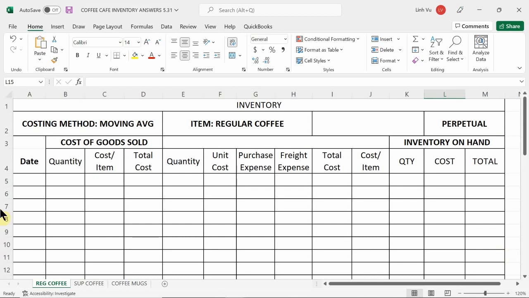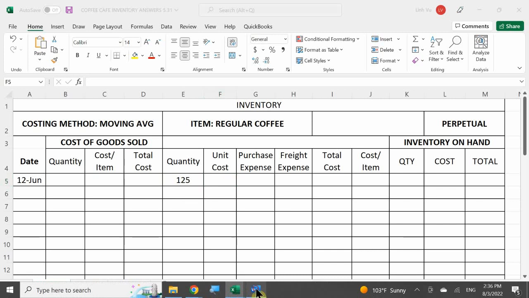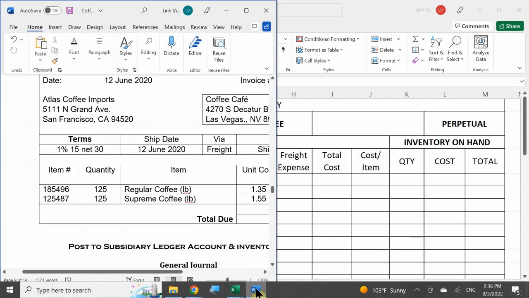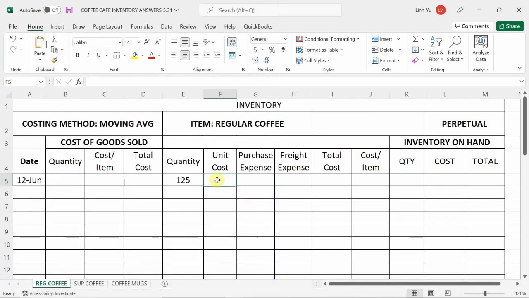So in this case, today is June 12th. We received our inventory so we could skip the cost of goods sold. We got 125 pounds. What was my unit cost? You remember? No. It was $1.35 per pound.